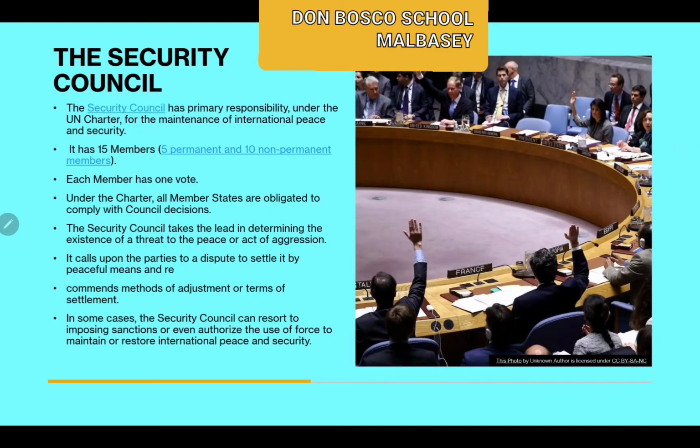Now let's talk about the Security Council. This is an image representing the Security Council, where representatives of the countries have come together and talk.